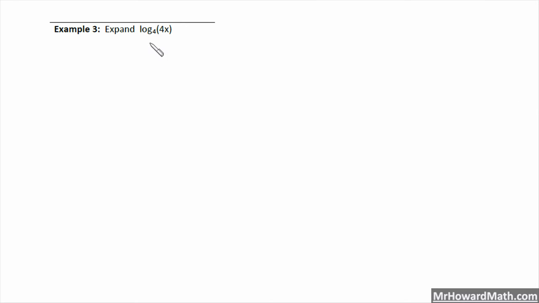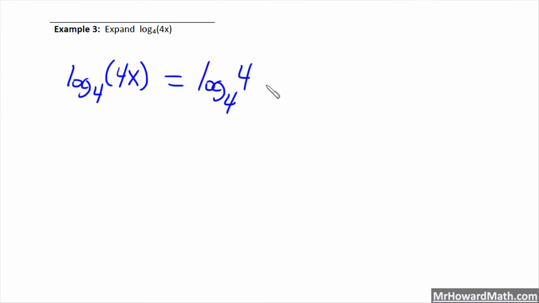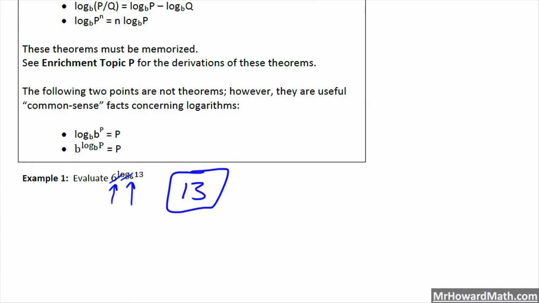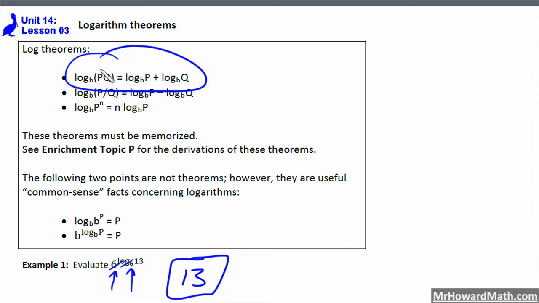So expand this, log base 4 of 4x. So we have log base 4 of 4x to start with. So we're multiplying 4 times x here. So we can expand that to be log base 4 of 4, plus log base 4 of x. So that is applying this rule right here.